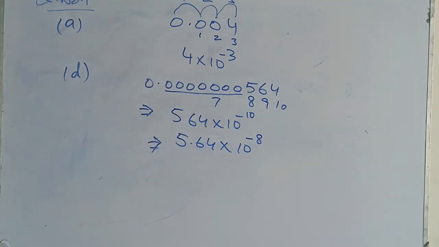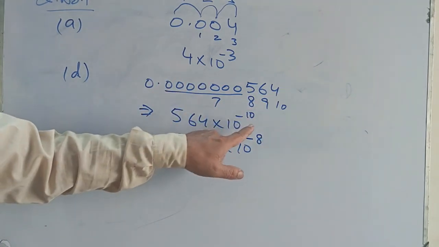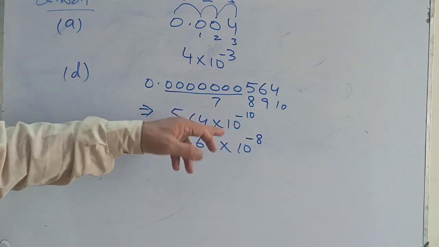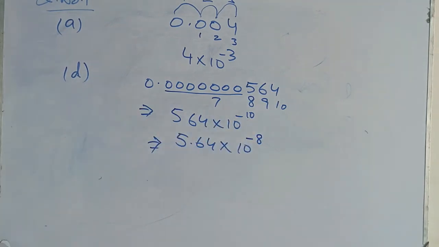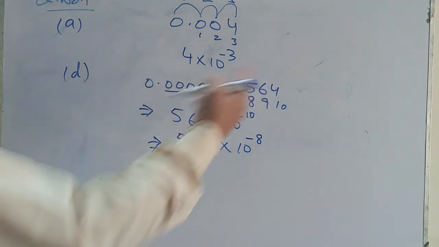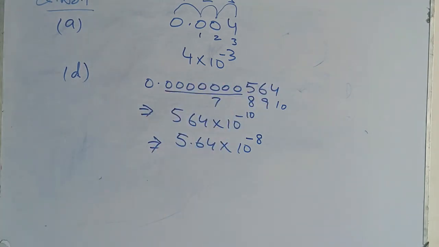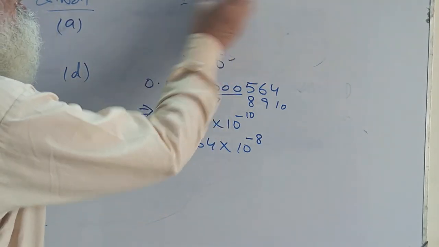If I elaborate this question, then you will come to know how we went from minus 10 to minus 8. This is a very important thing that you must know. Now this was written like this. Let me rub this.